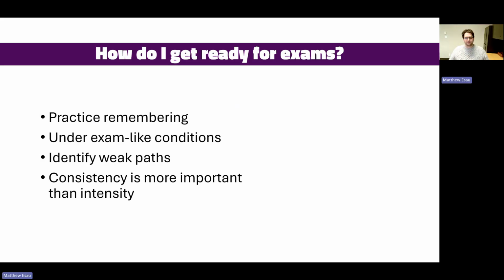Identify weaknesses. This is another thing that you can do with the learning objectives in the course outline: go through and just rank them in terms of how well you know them, how easy you find them to remember. Maybe star ones that you struggle with, or do one, two, three stars, or put a check mark or an X beside them.